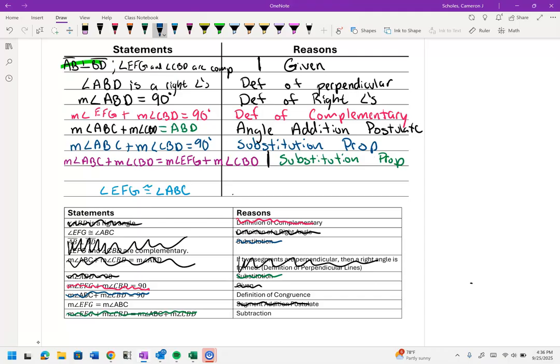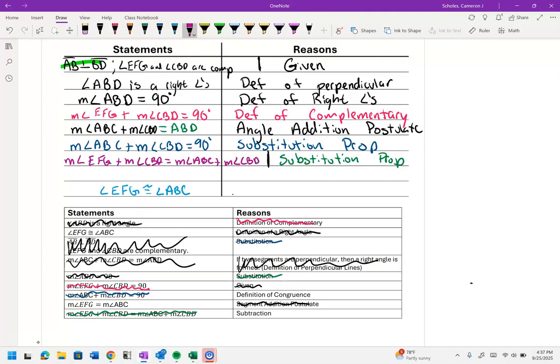If you notice, I made a little bit of a mistake, but it should be on the other side, so we're going to add another one. I will fix that really fast. Sorry about that. So the measurement of EFG plus the measurement of CBD is equal to the measurement of angle ABC plus the measurement of CBD.